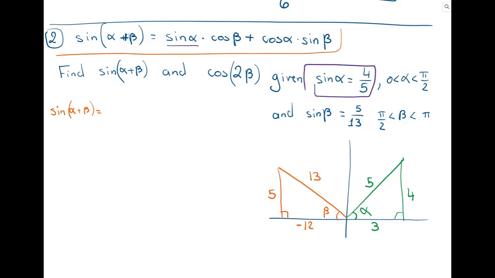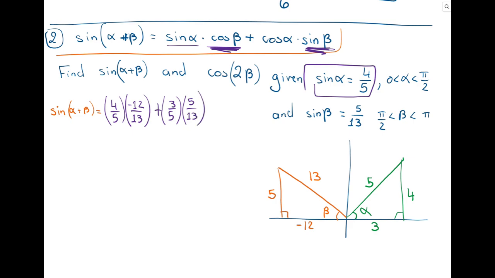So this is just going to be 4/5 times cosine beta, and the cosine beta is going to be in quadrant 2. Cosine will be negative 12/13. So multiply that by negative 12/13. And then plus cosine alpha, so I'm going back to quadrant 1, cosine alpha will be 3/5 times the sine beta, right? And sine beta will be opposite over hypotenuse, which is 5/13.